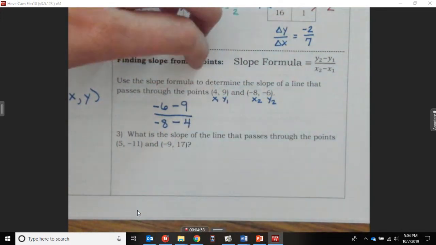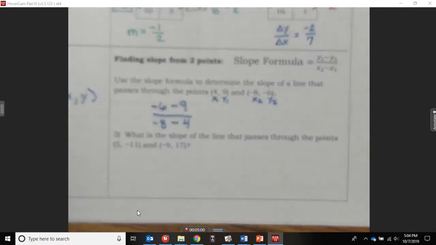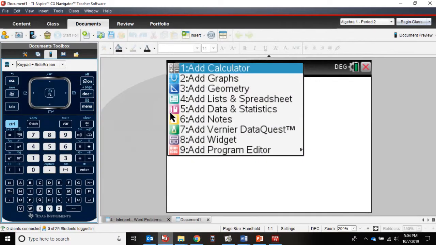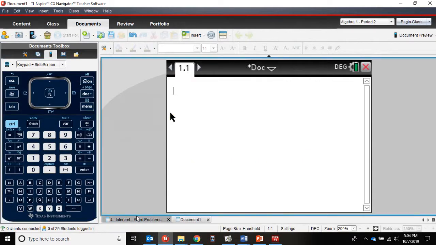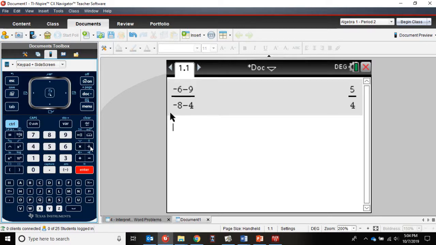Now, I really just want you to go to your calculator and get a calculator page and just type it in, and it's a fraction. So control divide, and we're going to type in the top, -6 minus 9 over -8 minus 4. And so my answer here is 5/4. Type the whole thing in all at once.